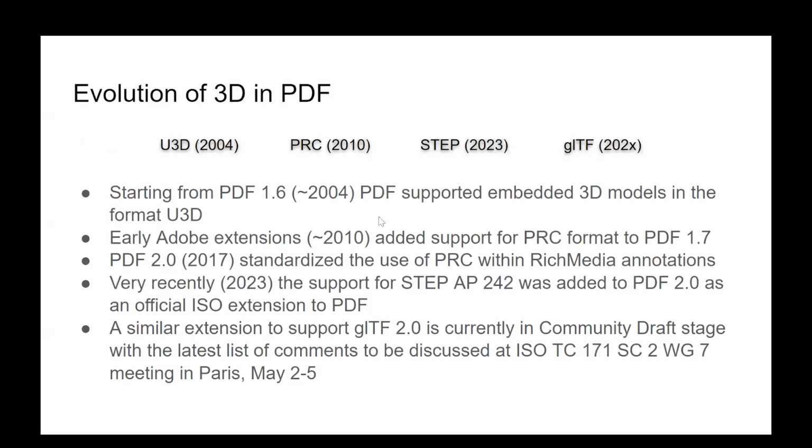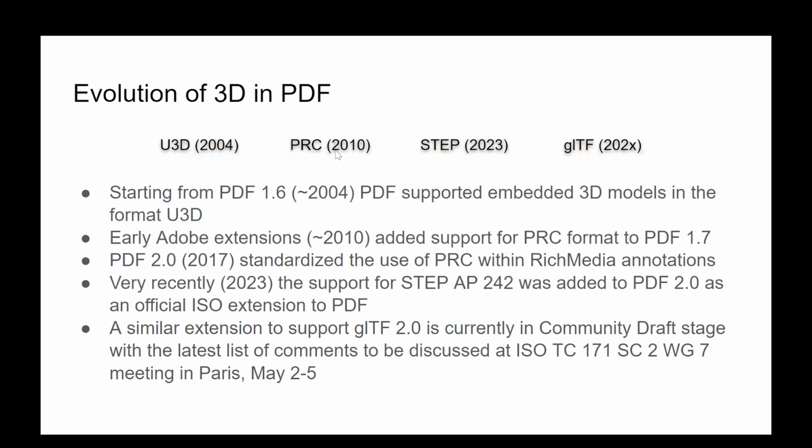Well, just to understand where we are, here are the 3D model formats supported, or I hope will be supported soon by PDF standards. So it all started with the U3D format, which, as far as I understand, is little used today.